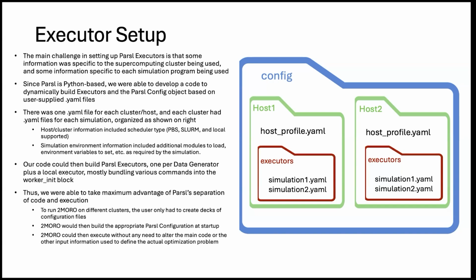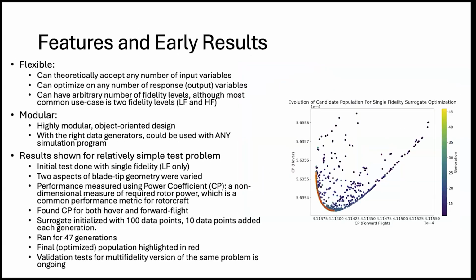And this way, all you got to do if you want to run on a new supercomputer or use different simulations is just add or modify files to this file deck, and you'll be able to run without having to modify your main inputs or any of the rest of the code, which really takes advantage of Parsl's separation of code and execution.